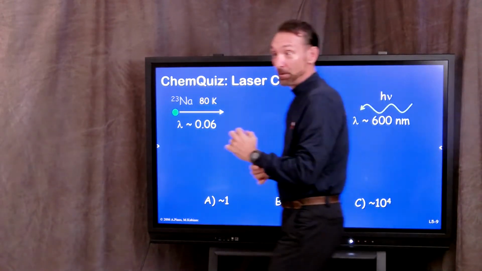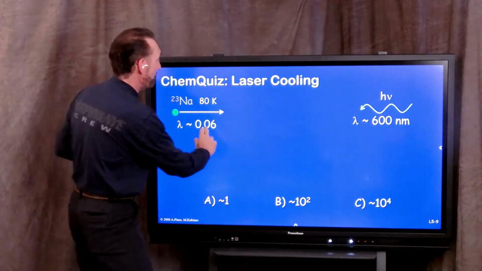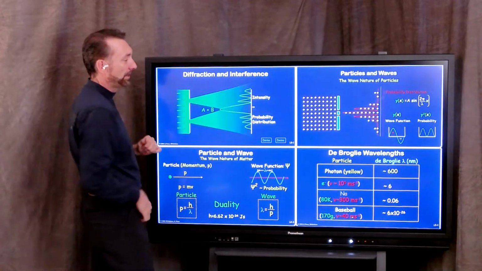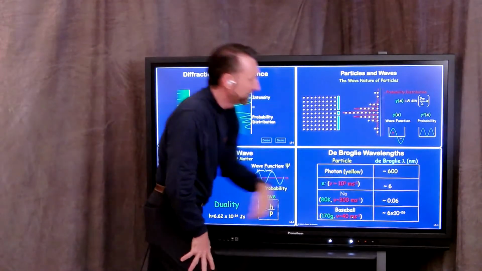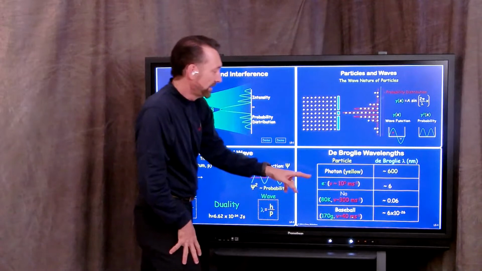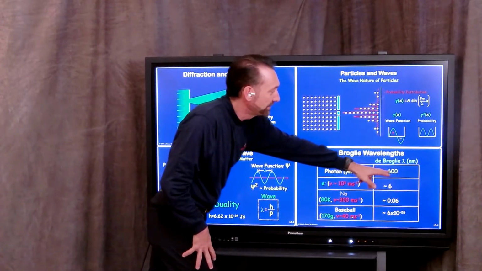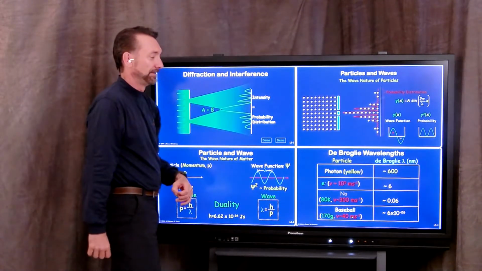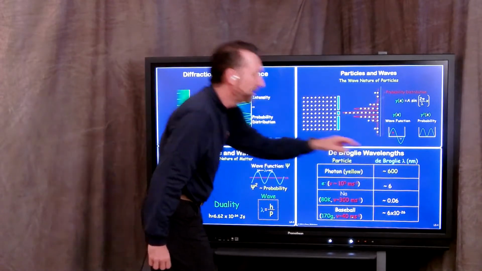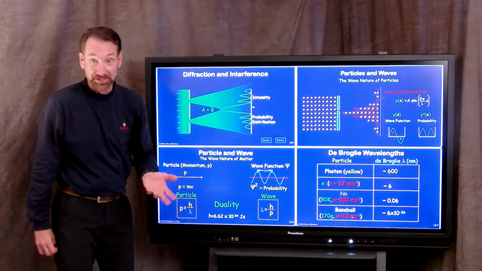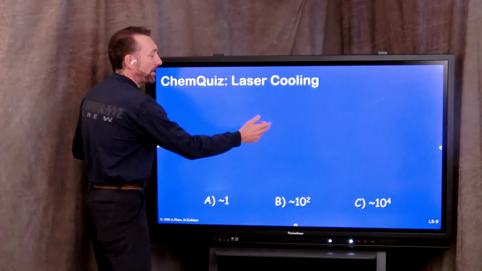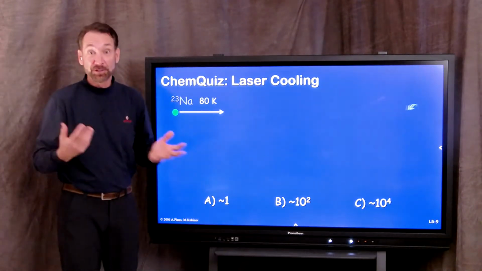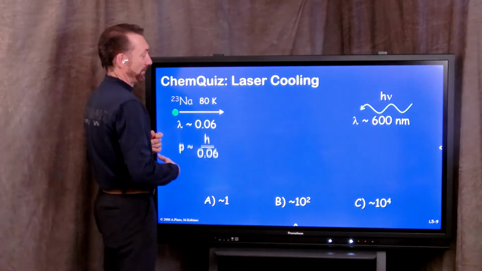Now, they don't have the same momentum, and we can see that from our de Broglie wavelengths. The sodium atom momentum is 0.06, the photon momentum 600. So those are off by a factor of 10,000. Those wavelengths are off by a factor of 10,000, but the wavelength and the momentum are directly related to each other, we know now.